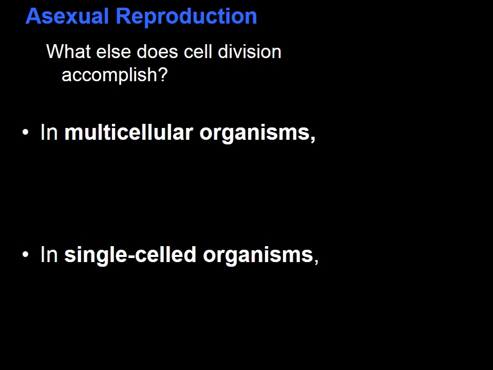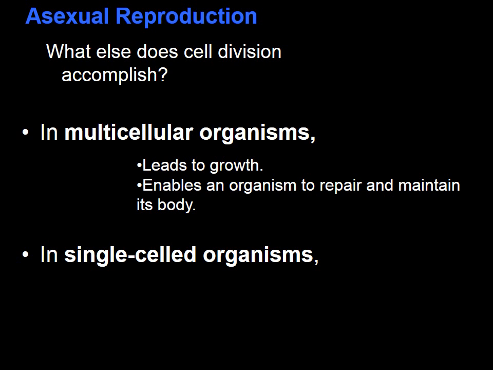So in asexual reproduction, you have it in multicellular organisms like us, and then you have asexual reproduction in single-celled organisms. In multicellular organisms, first of all, it helps the organism grow. Okay, so you have more cells and the organism is able to grow.